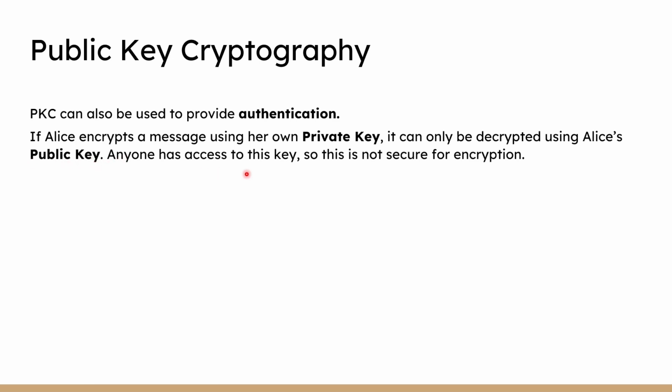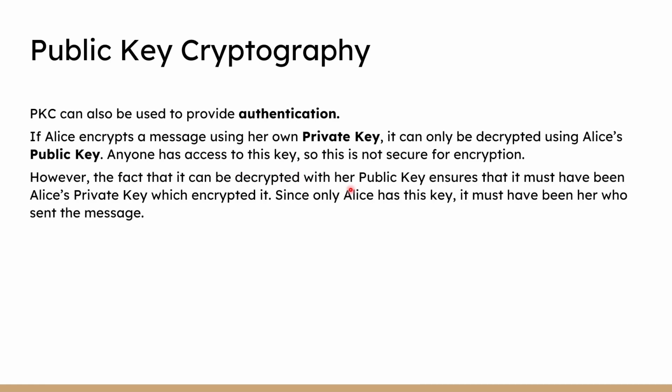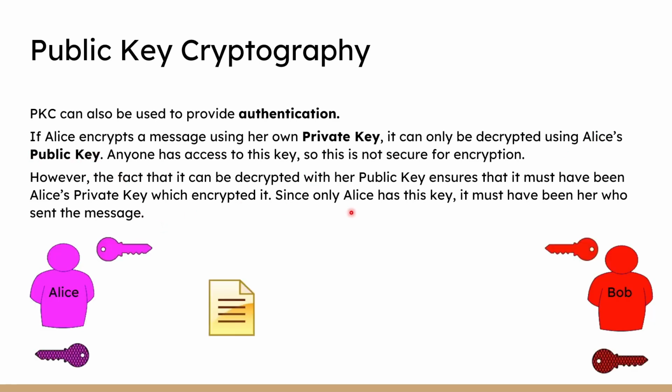So the message wouldn't be secure. But the idea is that the fact that it can be decrypted with her public key means that it must have been encrypted with her private key. And because Alice is the only person with this private key, it must have been her who sent the message. So the fact that it can be decrypted with her public key means that she sent the message.